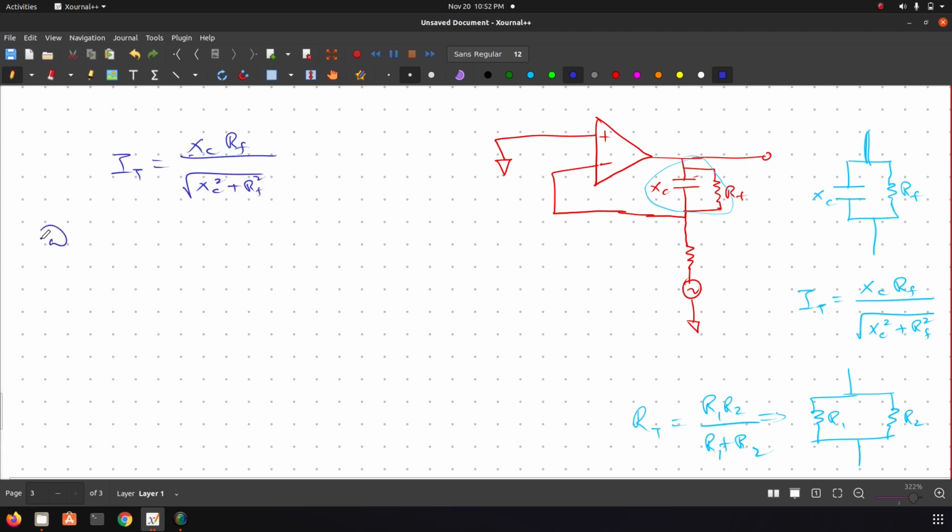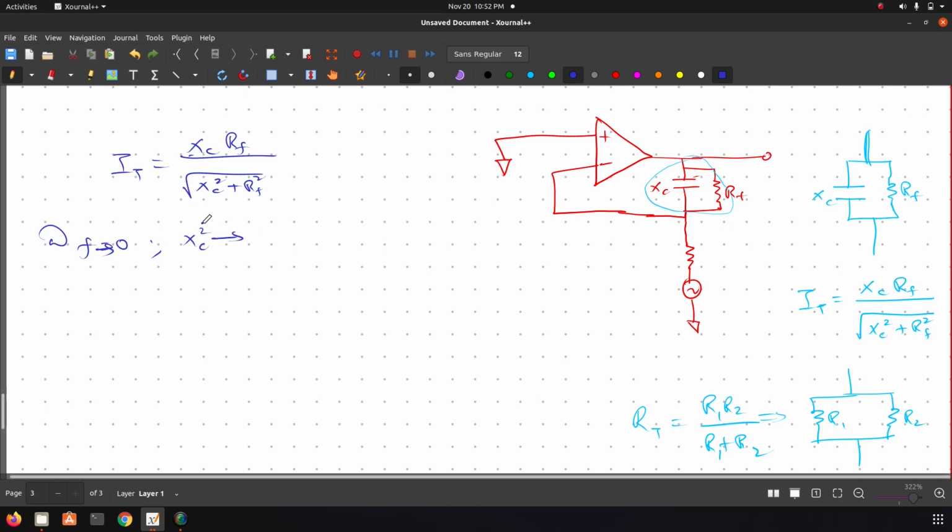As F tends to 0, XC tends to infinity. So we have to find the limit. We should not put the XC value as infinity, because then it becomes indeterminate.